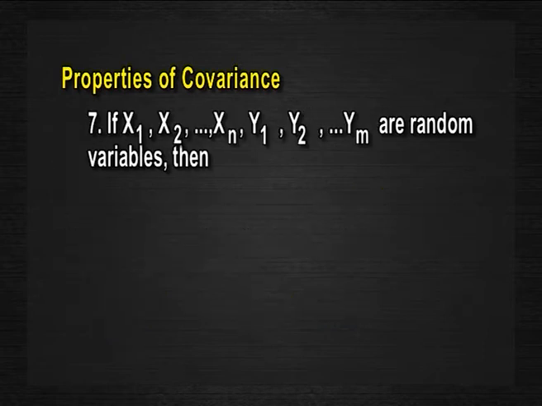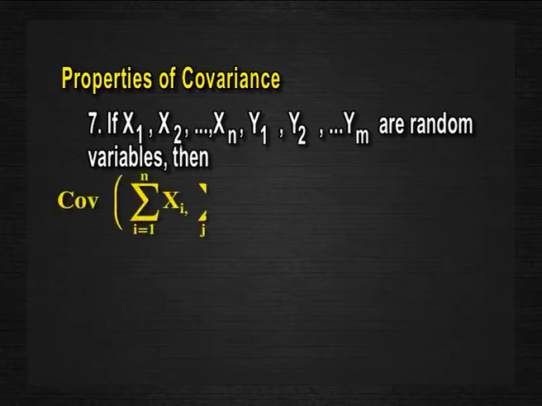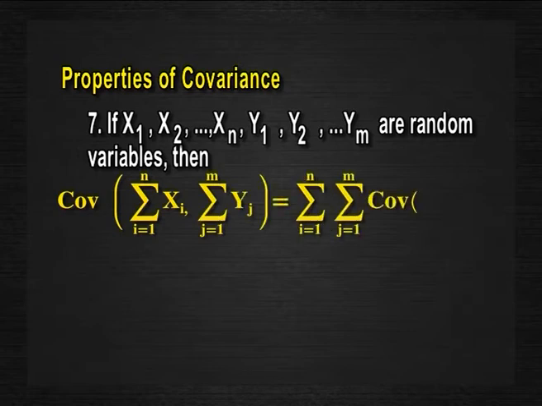If X1, X2 up to Xn and Y1, Y2 up to Ym are random variables, then covariance between summation over i equal to 1 to n of Xi and summation over j equal to 1 to m of Yj is equal to summation over i equal to 1 to n, summation over j equal to 1 to m of covariance of Xi, Yj.